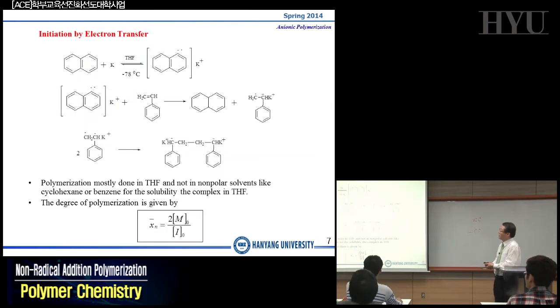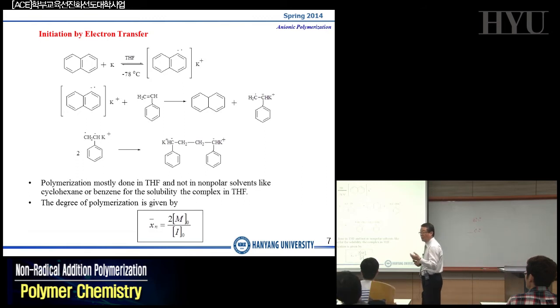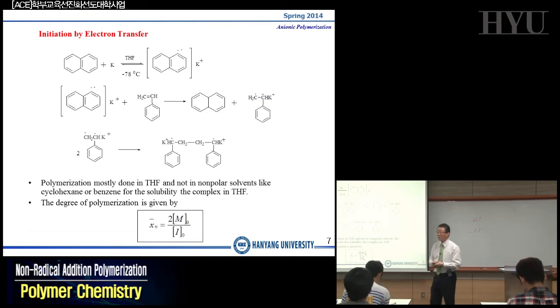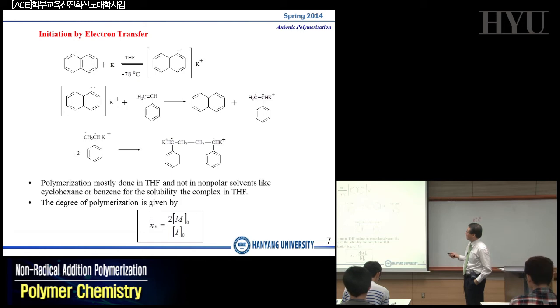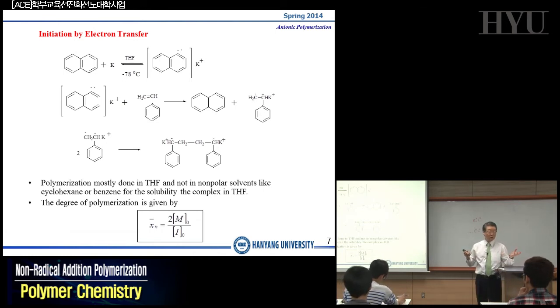Okay, let's take a look at the cases K equal to 2 and K equal to 1. Let's take a look at the K equal to 2 case. Now, when you have polystyrene, styrene is the same, but let's think about an initiator system containing potassium in the presence of naphthalene.